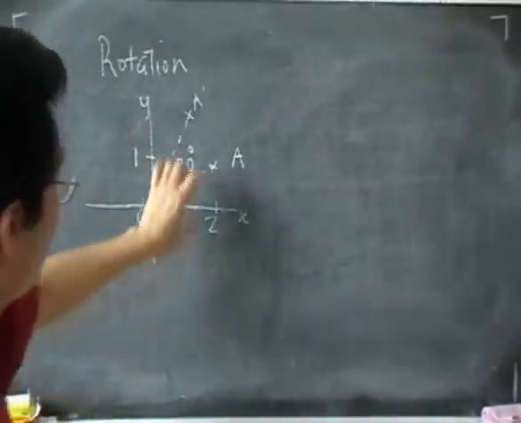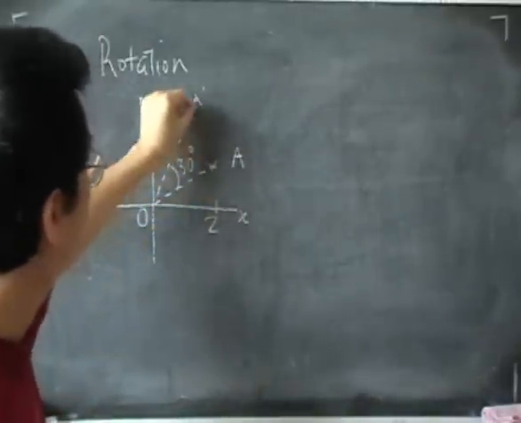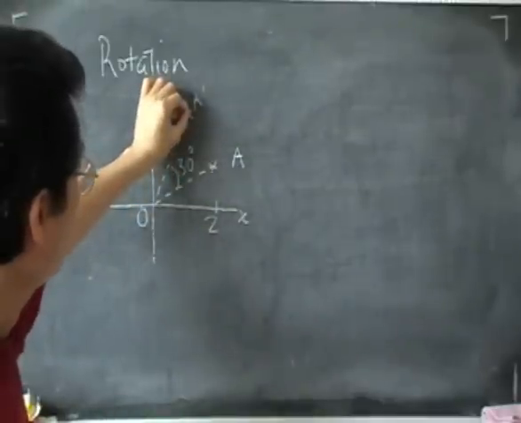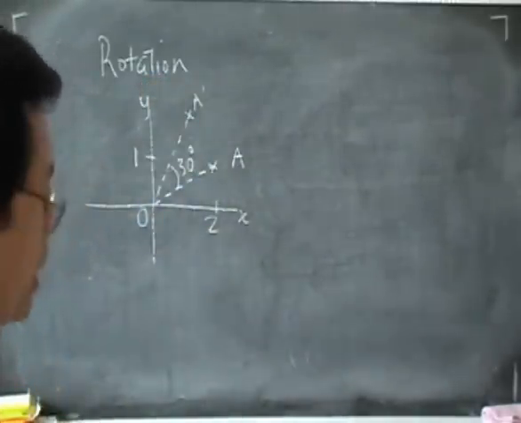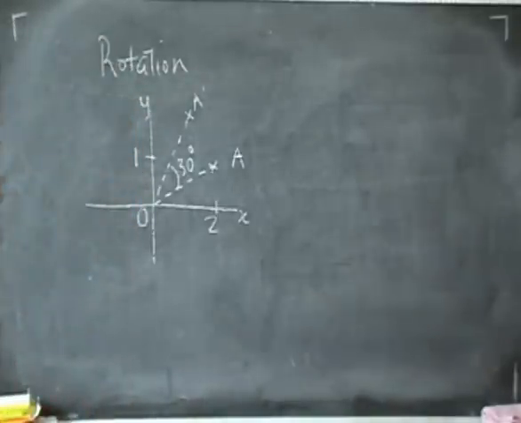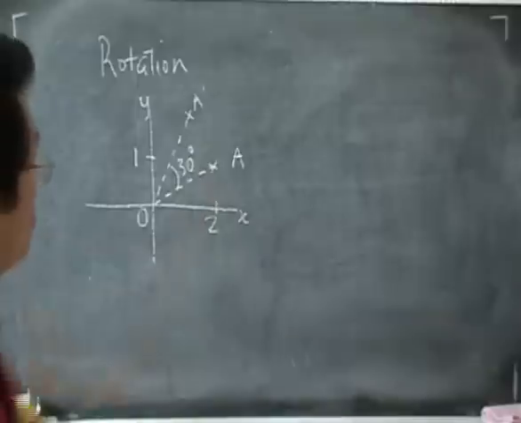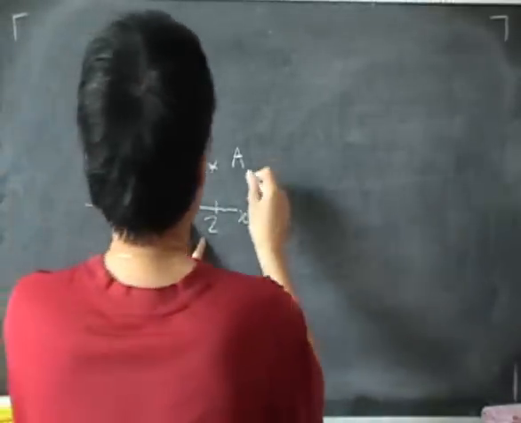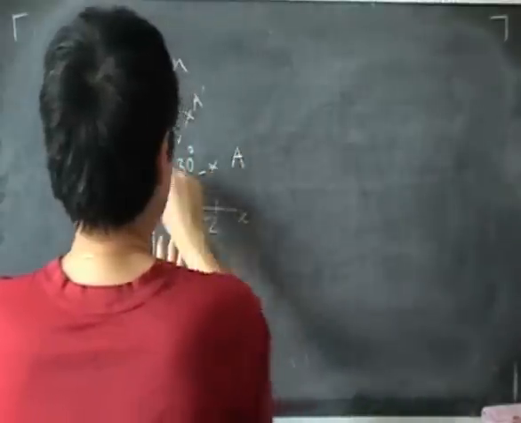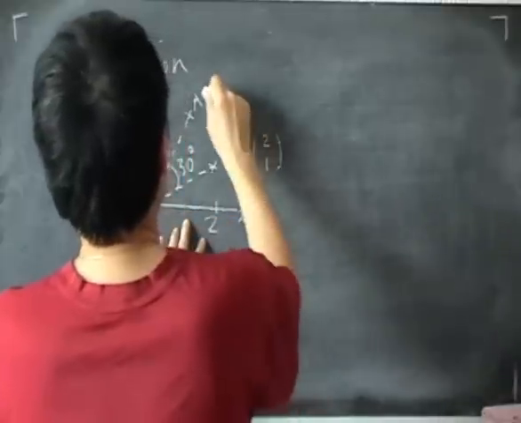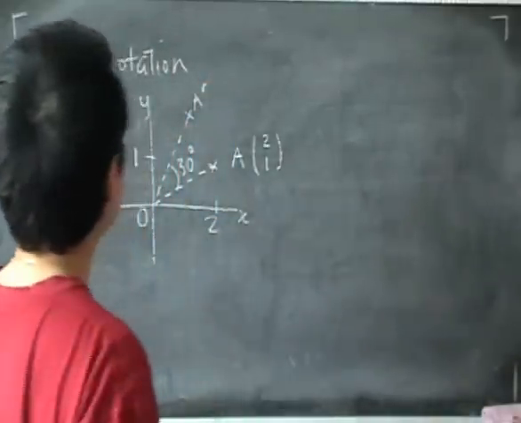Okay, so if I rotate A by 30 degrees about the origin, I would arrive at this point A prime. And the problem here is to find the coordinates of A prime. So the coordinates of A is 2, 1. What are the coordinates of A prime?